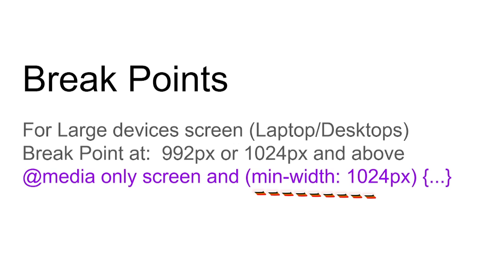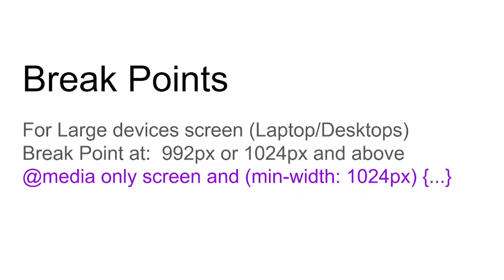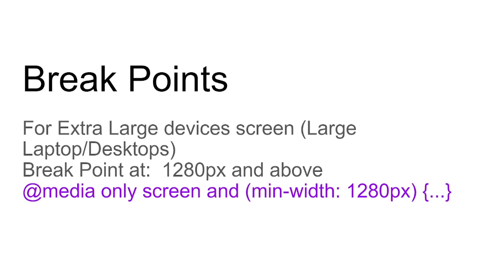Small devices 640 to 768. Then for tablets and the likes, they are going to be from 768 to 1024. Then for large screens such as laptop, desktop, and the likes, they are going to be from 1024 pixels and anything above that, right? That is what the breakpoint will look like.